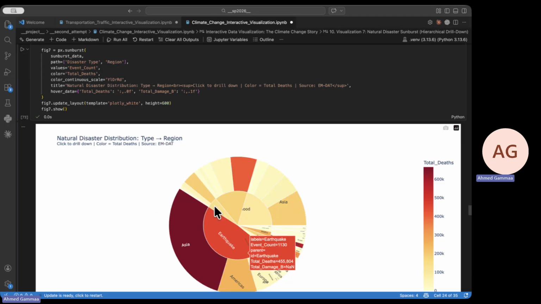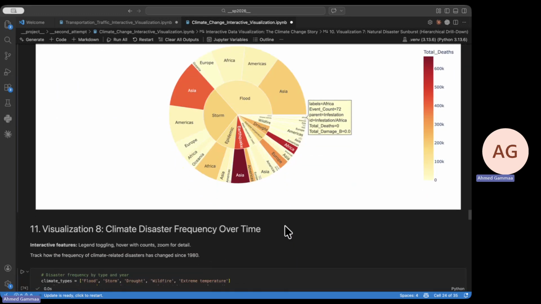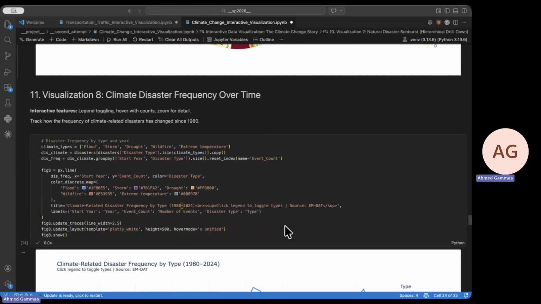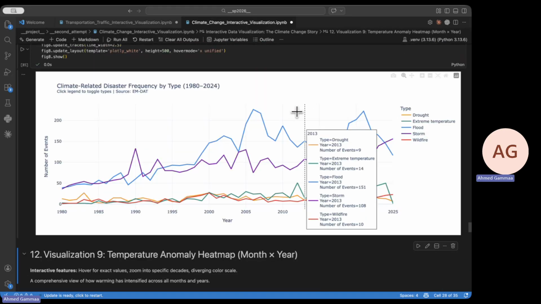By the way, it's worth mentioning, this is tracking all the 15,400 plus events.